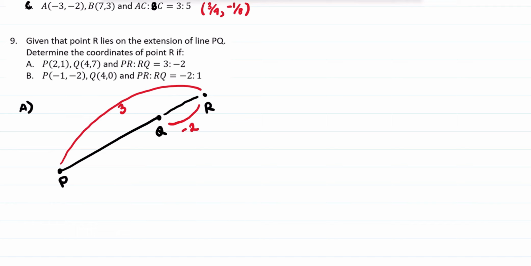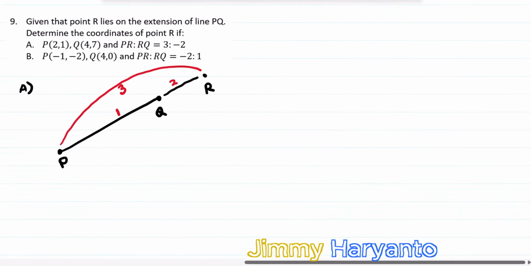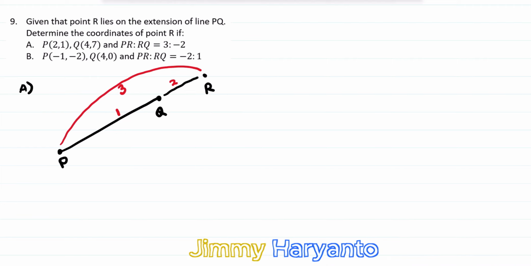The negative is only to show where the point R is. That also means in the calculation later we don't have to use the negative. This one is 2, this one is 1. To find the point R we can use the usual method.